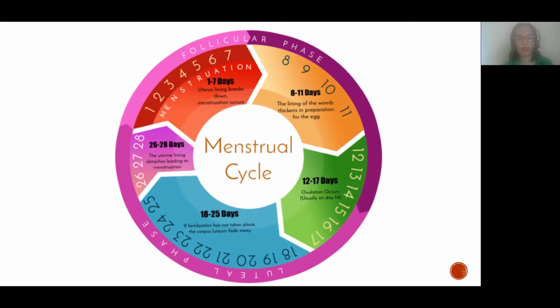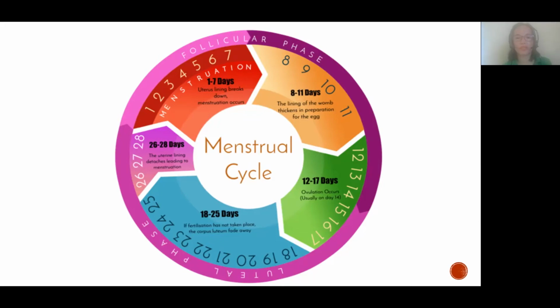Okay, so if you are to make use of this as a way of checking for family planning, this can possibly be used if you are able to track the cycle correctly.